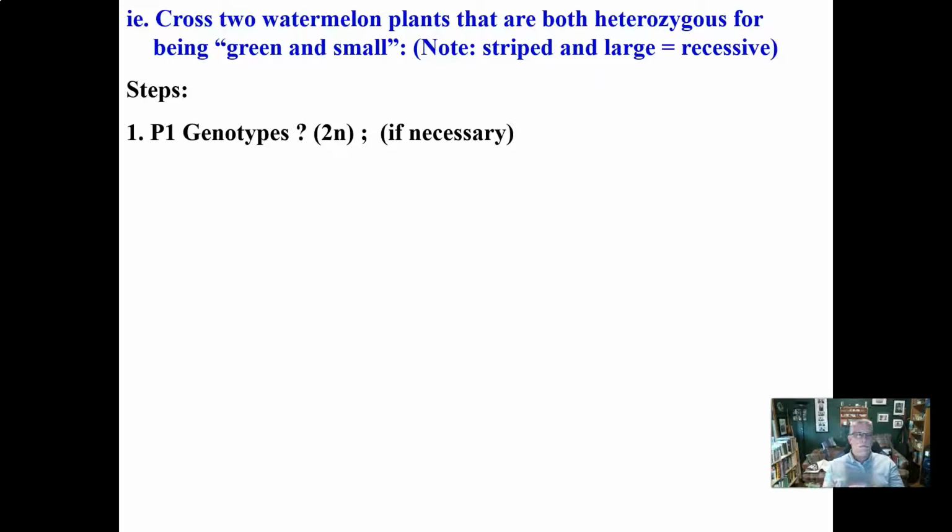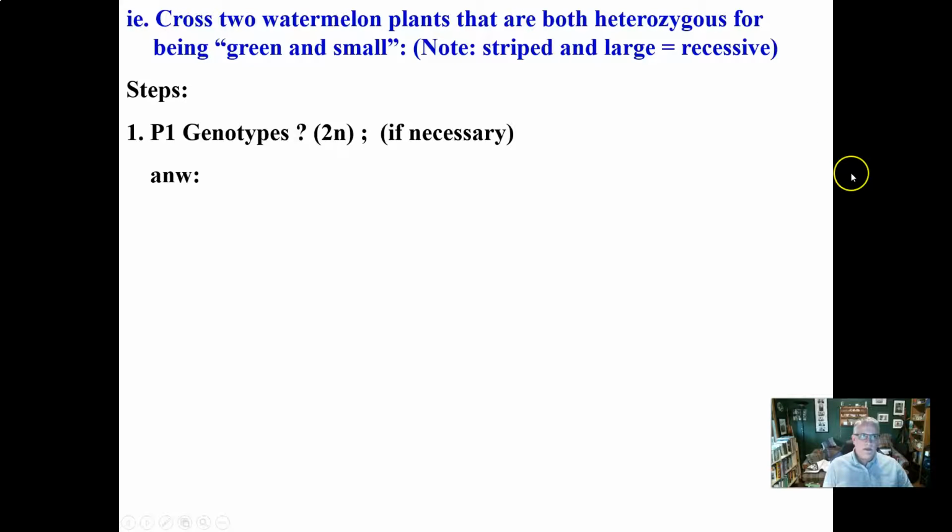Each parent is going to have 4 alleles. This is if necessary. Today it's necessary. Sometimes I might just give you the genotypes, but today I'm giving you one of the worst case scenarios, complete wordage. All right, so what would be the parents' genotypes? If you want to pause here for a second and think about it, go ahead.